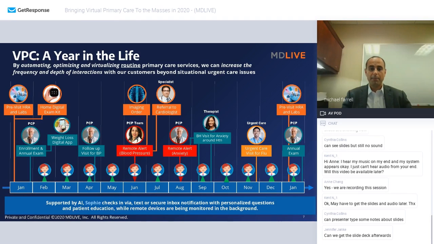So maybe that patient's designated PCP wasn't available, but as a part of the broader virtual primary care team, one of our MDs was available. She was able to intervene, have a consultation with the patient, and she recommended that this patient maybe needed to go to a brick and mortar cardiologist and maybe have some orders or some services done within a brick and mortar setting. So again, Sophie continues to reach out.